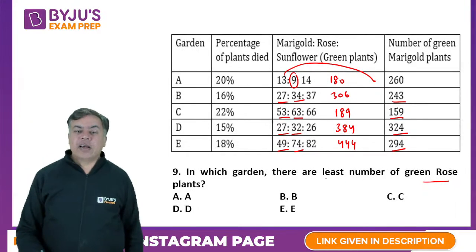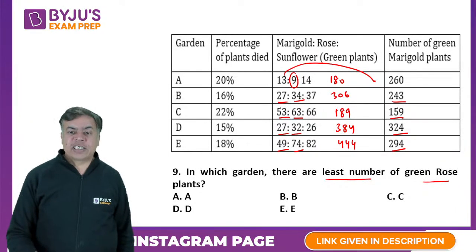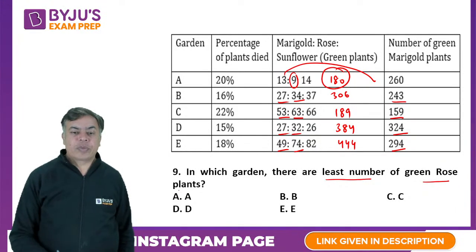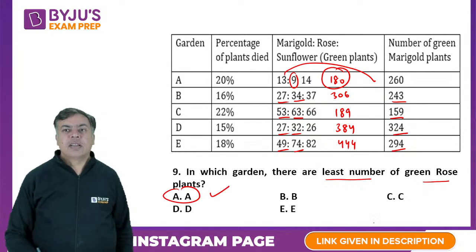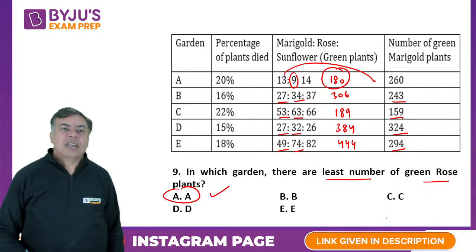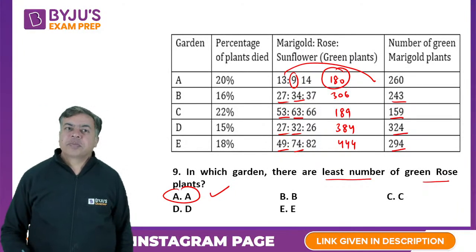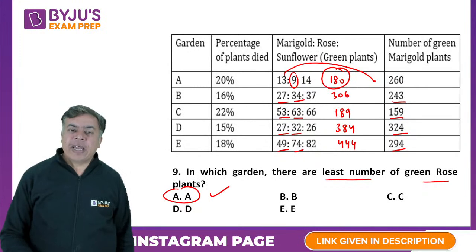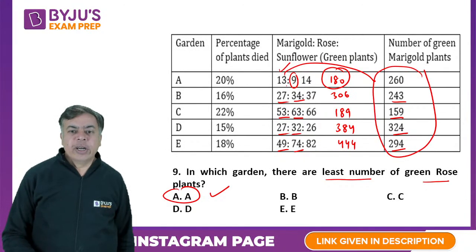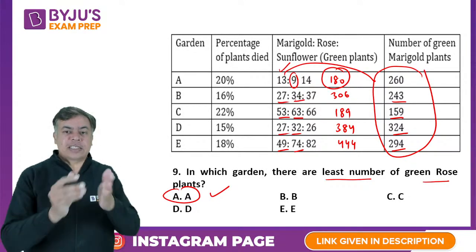So he's asking what is the least number of green roses. The least number of green roses is with A, right? I have written green roses only, because here marigold is given. According to that, I am just taking the similar fashion.